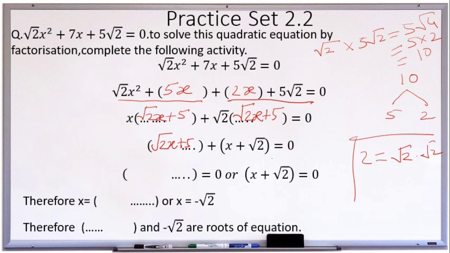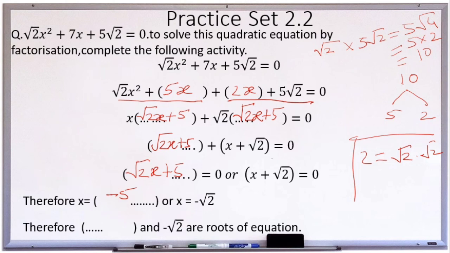Then by using the property, if the product of two numbers is 0, then at least one of them is 0, we get root 2 x plus 5 is equal to 0, or x plus root 2 equal to 0. Therefore the value of x is equal to minus 5 upon root 2.